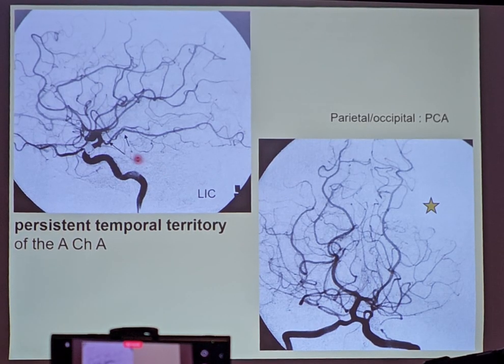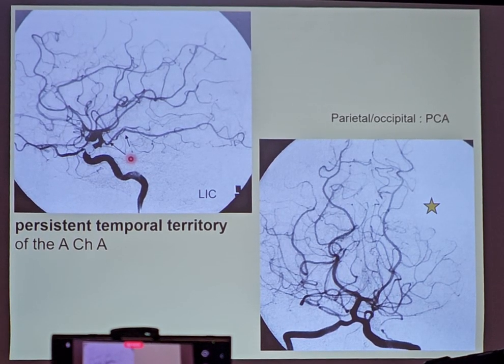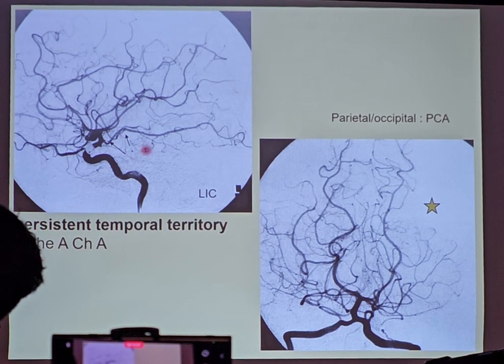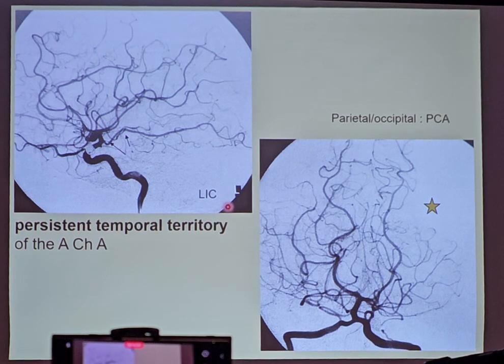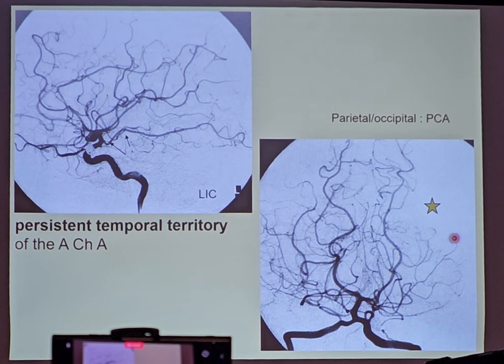Now, obviously, similar to what we've discussed earlier today and yesterday, this evolution can be complete and full, or it can be incomplete and partial, or it can be not at all. So in this case, when we look at an angiogram on the patient, internal carotid angiogram and the vertebrobasilar injection, you see on the vertebral injection there is no blood going this way.